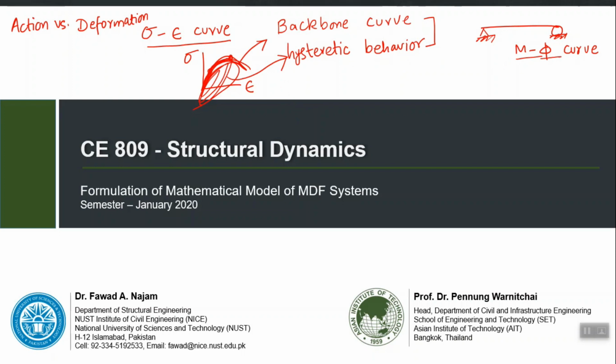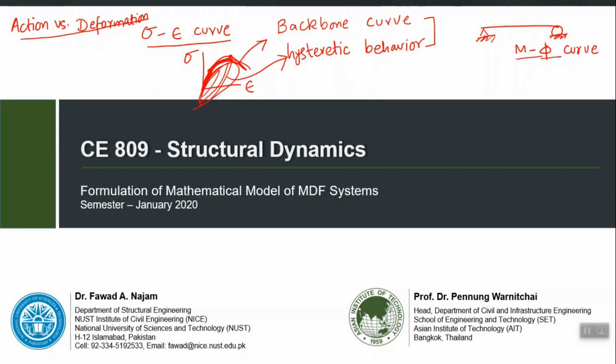For one particular column, the relationship between moment and the rotation of that column is the action deformation curve. So there are many examples of action deformation curves, and for a real structure all of them are actually nonlinear, but we assume that some of those are linear for the sake of simplicity of analysis.